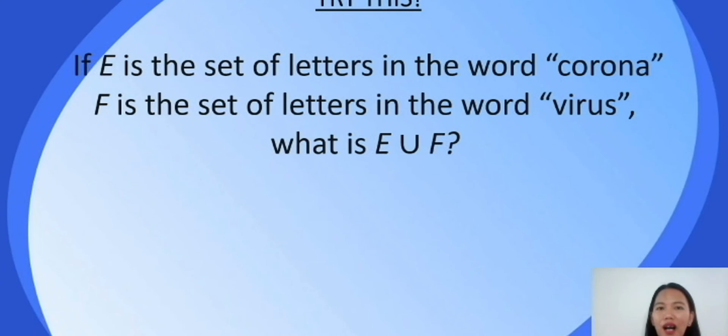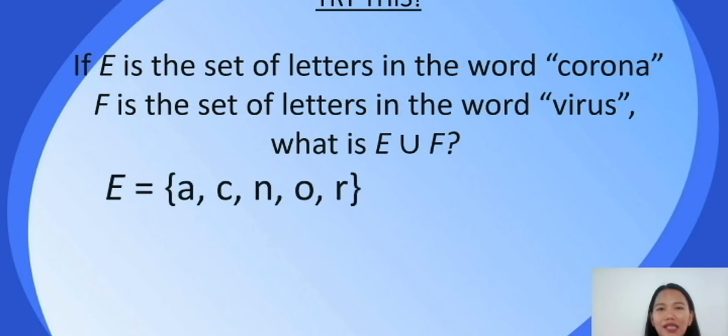So therefore, our set E is equal to A, C, N, O, and R. And our set F is equal to I, R, S, U, and V. After listing down the elements, we can now easily identify what is E union F. So just identify what are the elements that are either in E or in F or in both of the two sets.